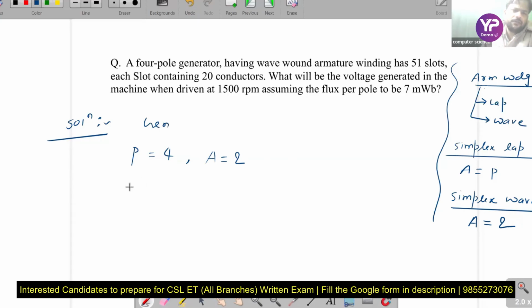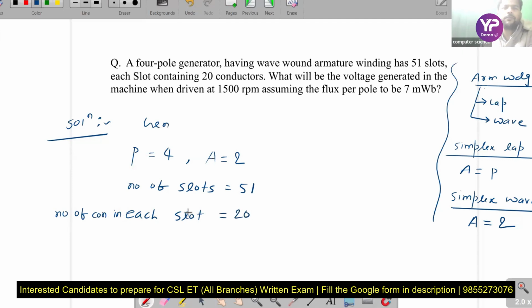Each slot contains 20 conductors. What will be the voltage generated in the machine when driven at 1500 rpm? The speed of rotation is 1500 rpm.